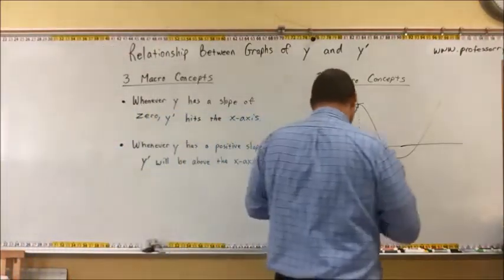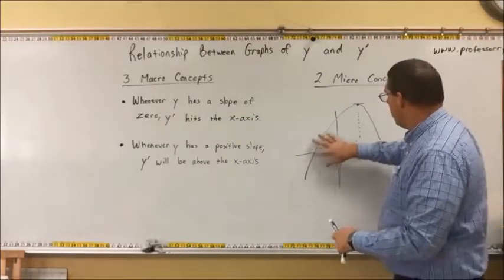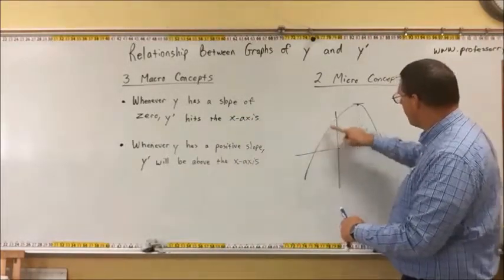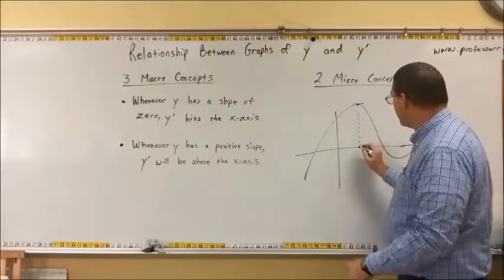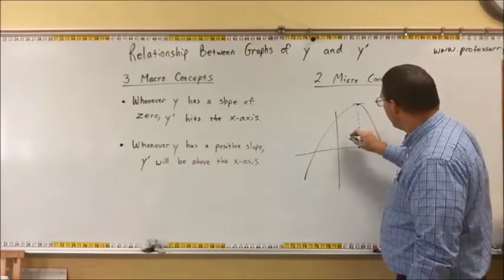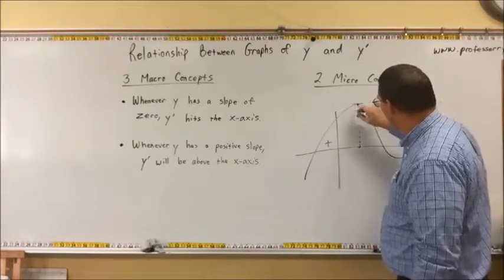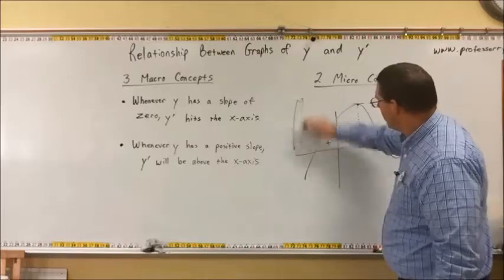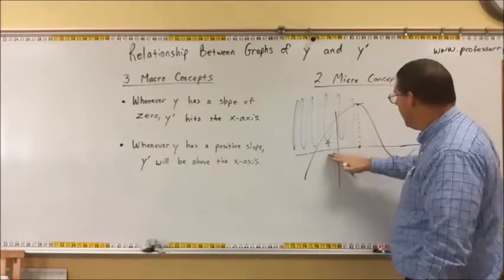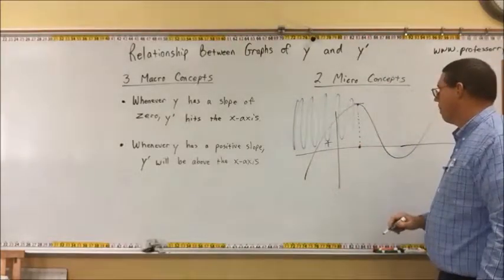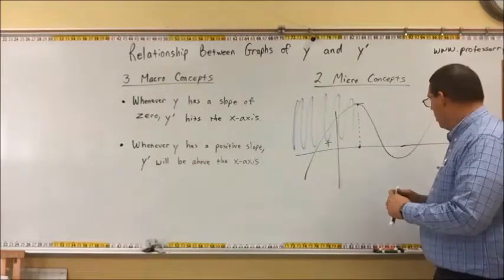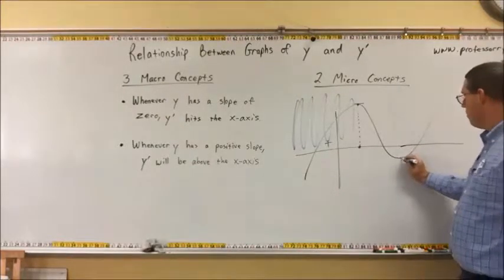the derivative is going to have a positive value, meaning it's above the x-axis. So, you see this all the way along here where this graph has a positive slope? That means that the derivative is positive. It is above the x-axis. It is up here somewhere, not below the x-axis. Over here, look. Here, the slope is 0.